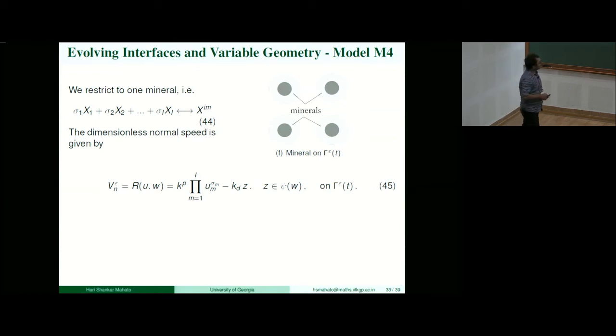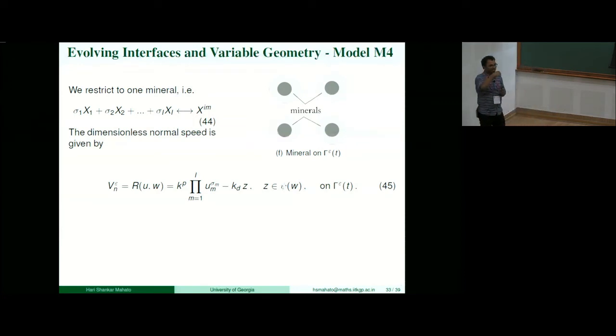So here also we implemented a similar concept. We are saying that the interface is moving, and the movement is always in the direction of the normal. So if you want to know how the movement is happening at a certain point, you always think the interface is moving along the normal, not in an inclined way. So it is always happening in the direction of the normal.